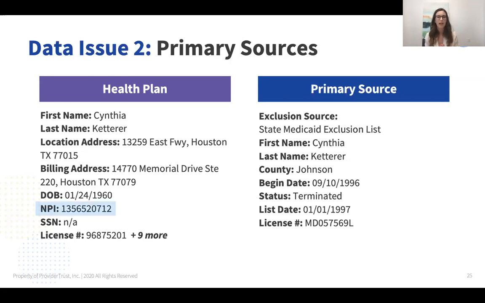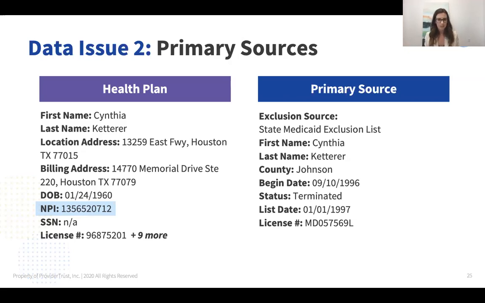And then on the right, we have a real record pulled from a primary source exclusion list. I think this was out of Alabama, maybe. What you notice if you look at this is that there's no real way to know for sure that this Cynthia Caterer in your non-PAR network is the Cynthia Caterer on the state Medicaid exclusion list.